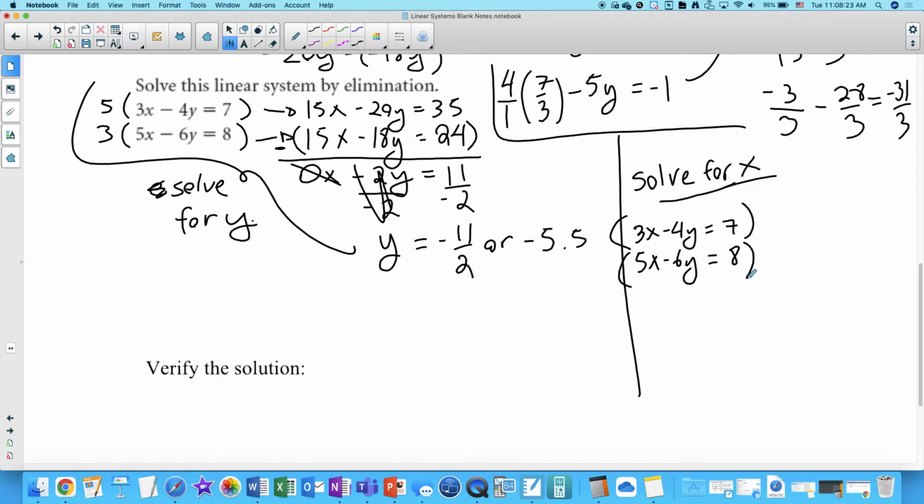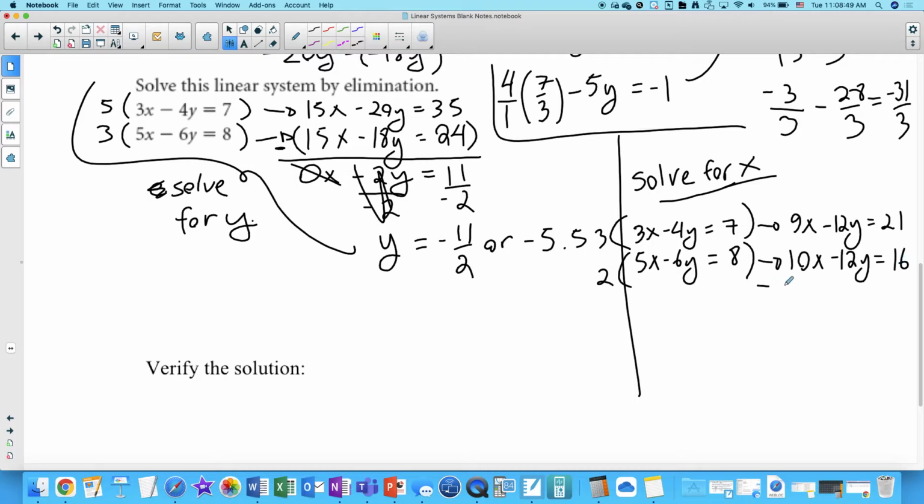And what about the second one? Right. So this is going to become 9x minus 12y equals 3 times 7 is 21. And then this is going to become 2 times 5x is 10x minus 12y equals 2 times 8 is 16.